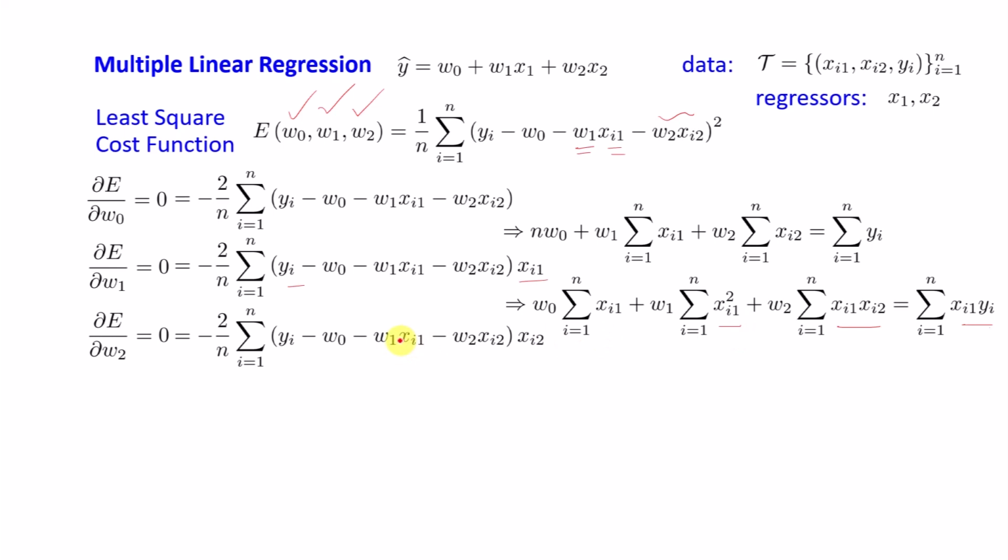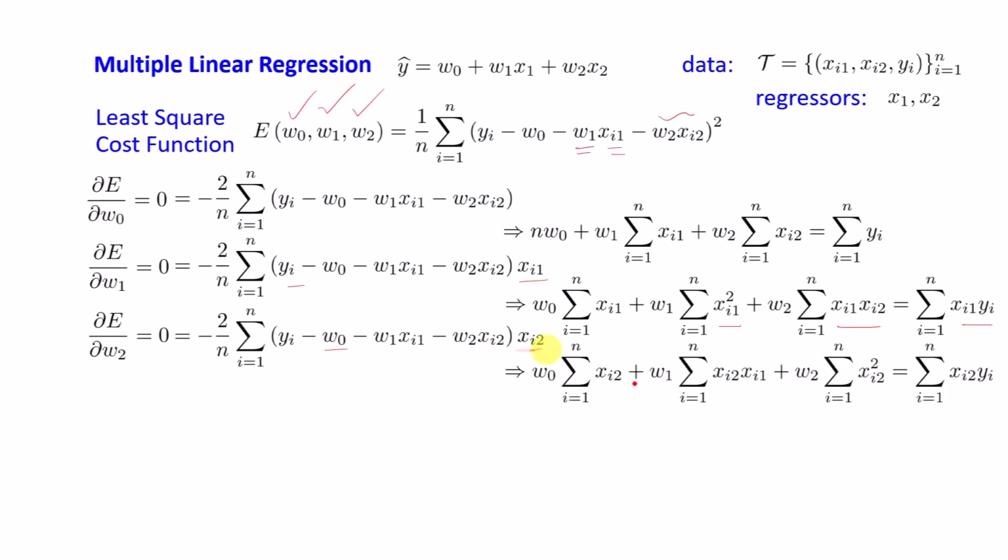Now coming to the third one, here we will have W0 multiplied by the summation of xi2. W1 will come with xi1, xi2, and W2 will be with xi2 square. So the equation will come like this: W0 summation of xi2, W1 xi2 xi1, W2 xi2 square is equal to xi2 yi.